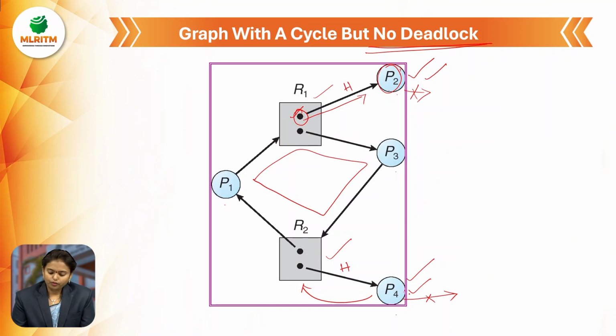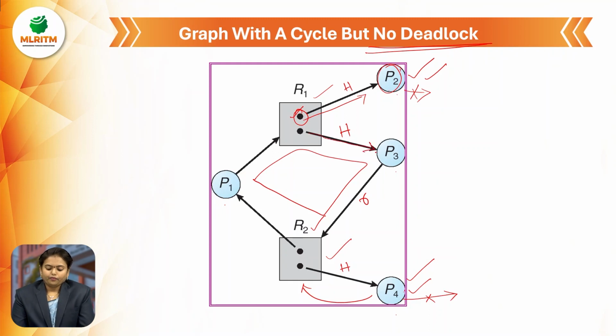Now we come to P3. P3 holds an instance of resource type R1 and it is requesting an instance of resource type R2.